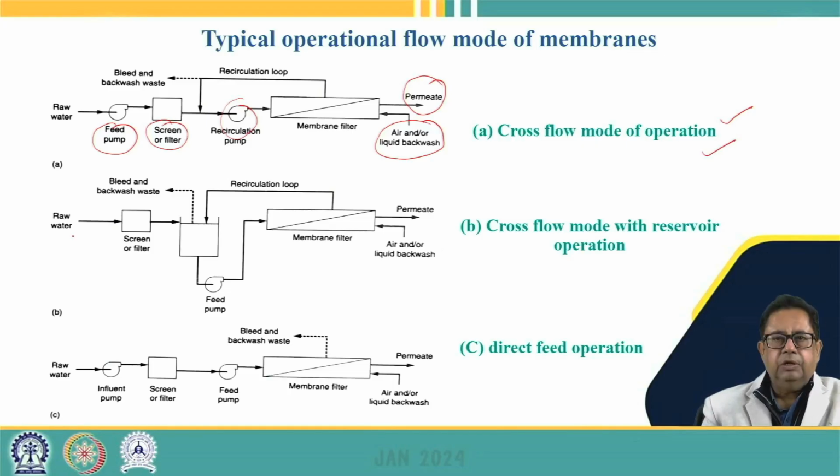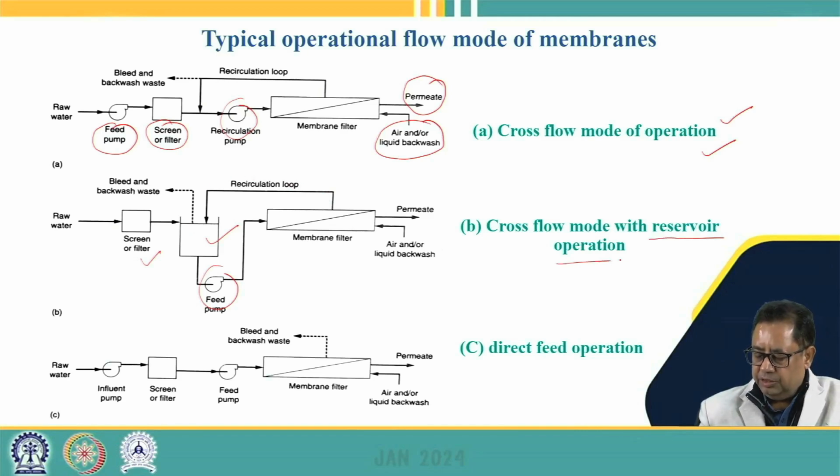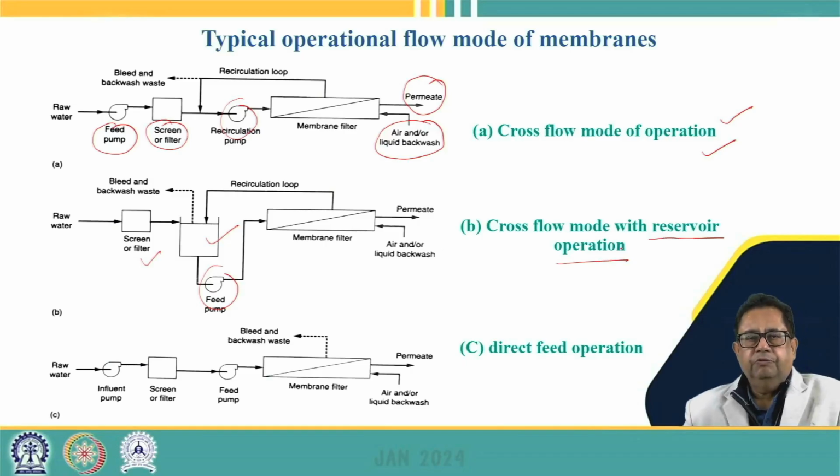Similarly, we can have another type of configuration where the raw water is passed through the screen or filters, and then it is taken to a tank. This tank has a feed pump which applies the water to the filters, and here also the recirculation is taken back to the tank. So there is a reservoir provided, with the cross flow mode.